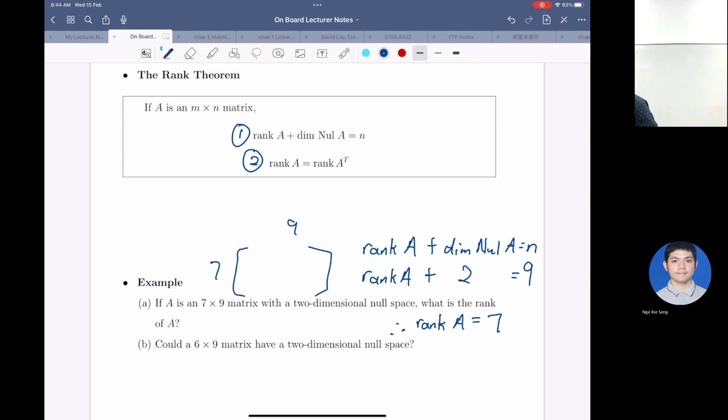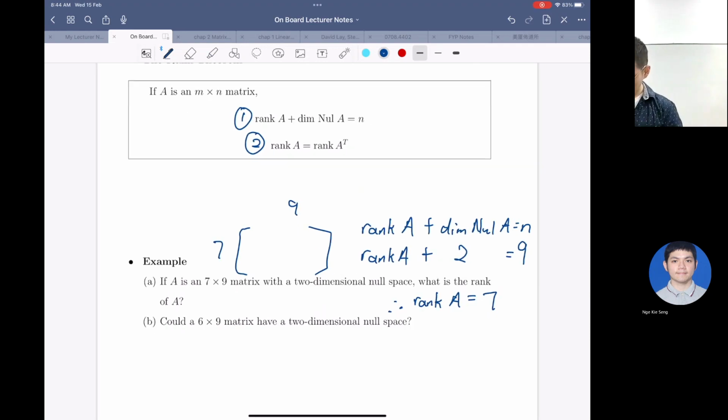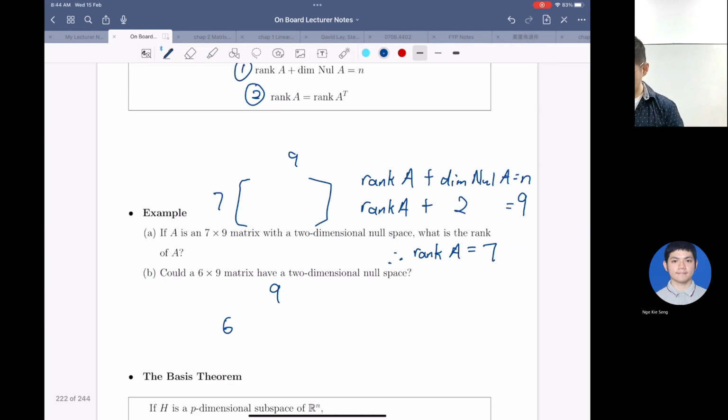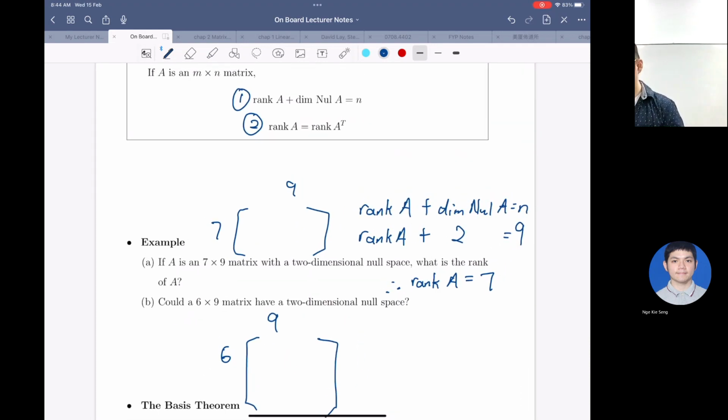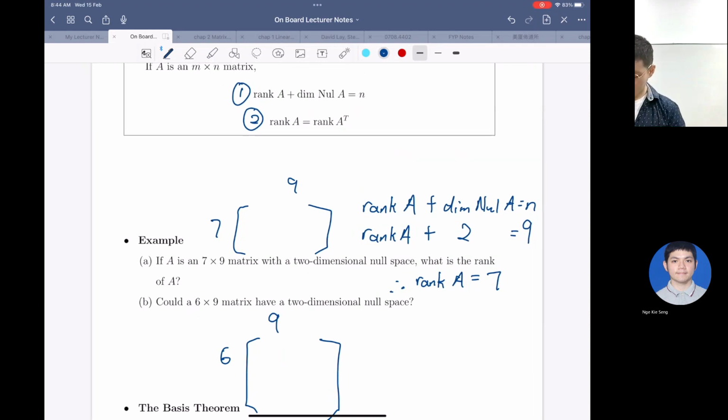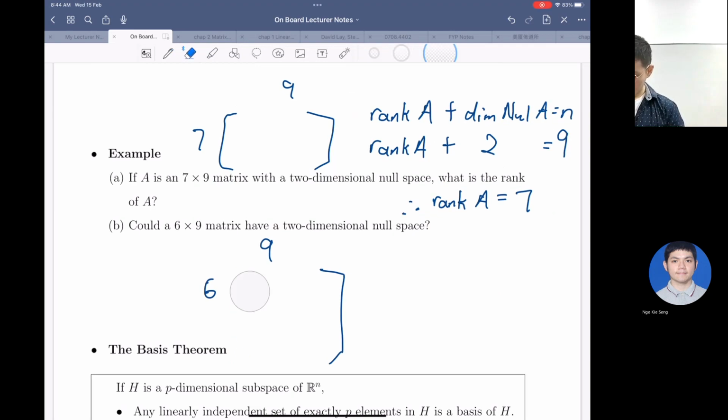Part B. Could a 6 times 9 matrix have a 2-dimensional null space? Yes or no? 6 times 9. 1, 2, 3, 4, 5, 6.